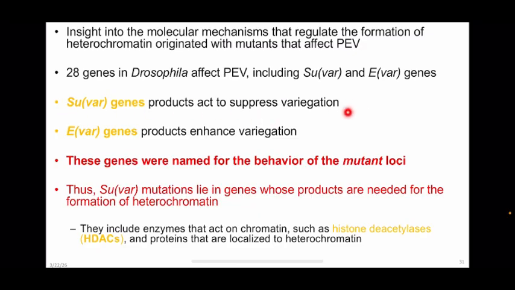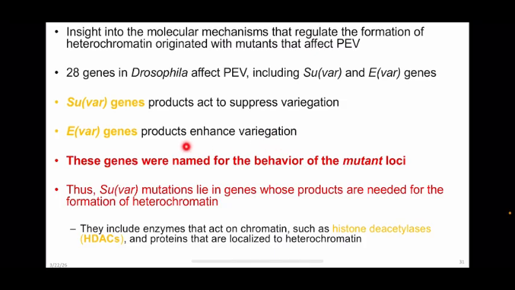Let's take the definition of what the Su-var and E-var genes do. Su-var genes code for proteins that suppress variegation. E-var genes code for proteins that enhance variegation.